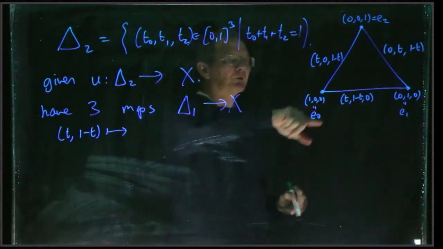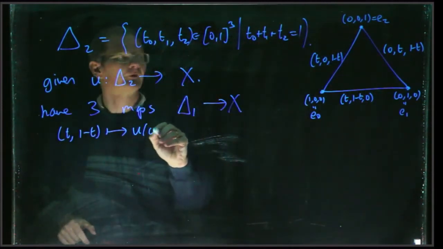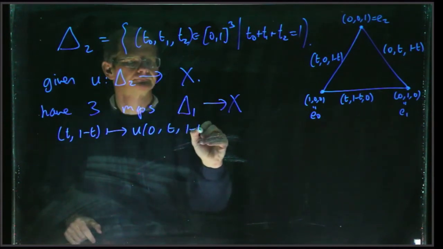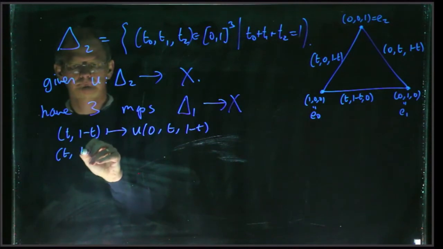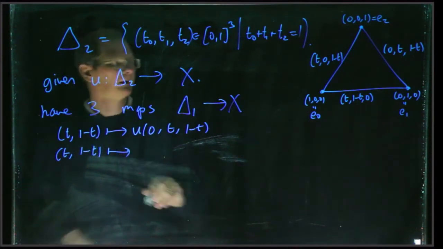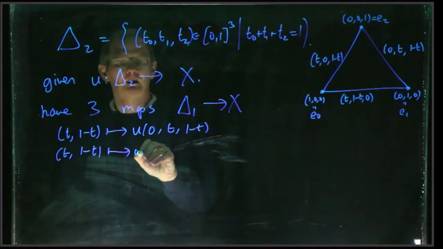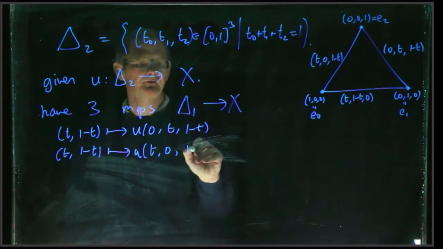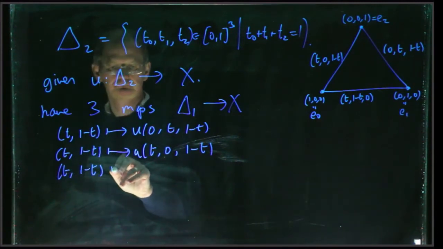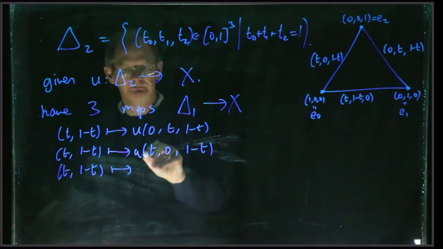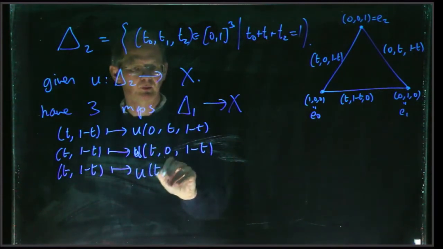The one that goes along here is u of (0, t, 1 minus t), and then alternatively you've got the one across here, u of (t, 0, 1 minus t), and this one is u of (t, 1 minus t, 0).